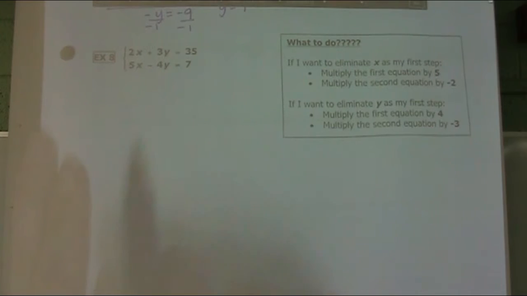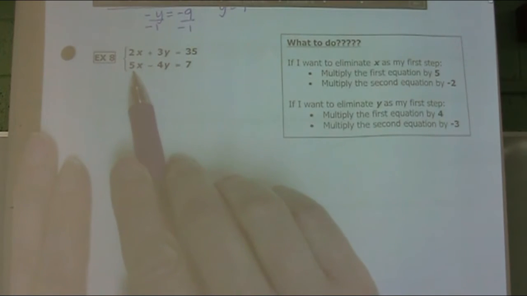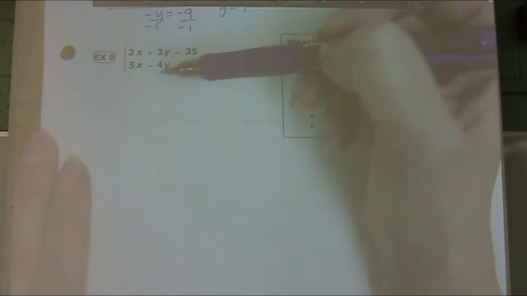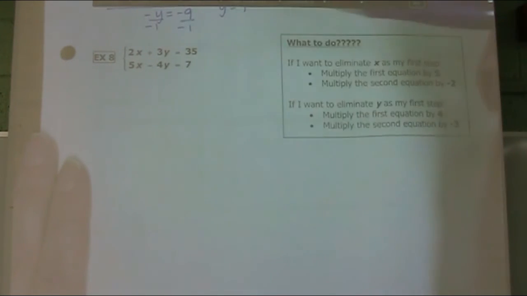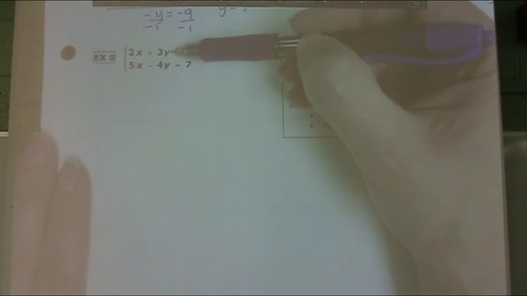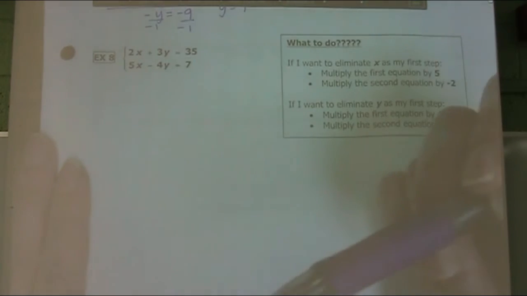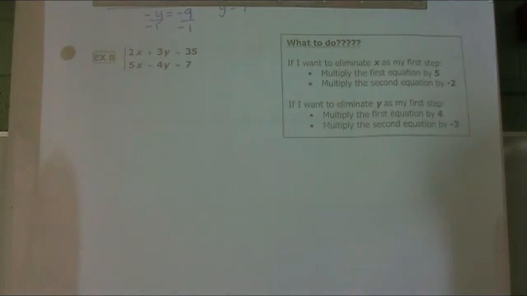Here are your options. To eliminate x's, we could multiply the top equation by -5 and the bottom equation by +2. That would give us -10x on the top, +10x on the bottom, so x's would eliminate. Or I could eliminate y's by multiplying the top equation by 4 and the bottom equation by 3, in which case I would have 12y on top and -12y on the bottom, and the y's would eliminate.